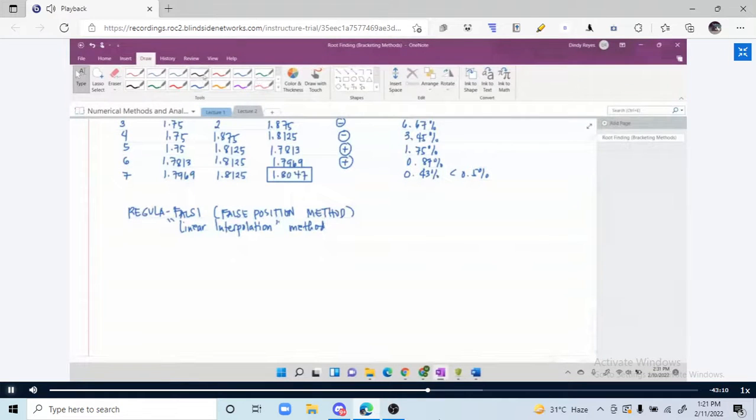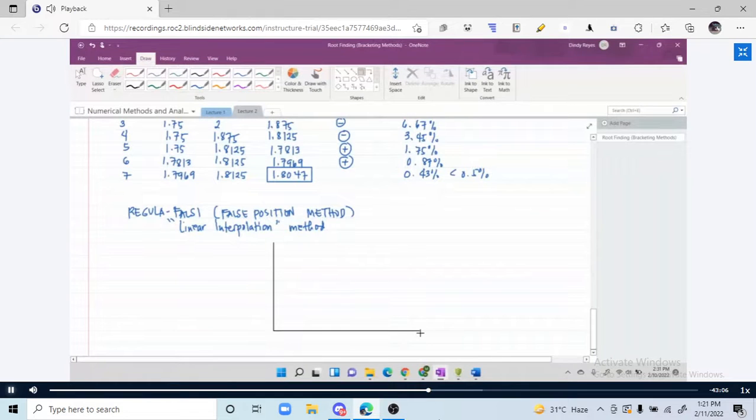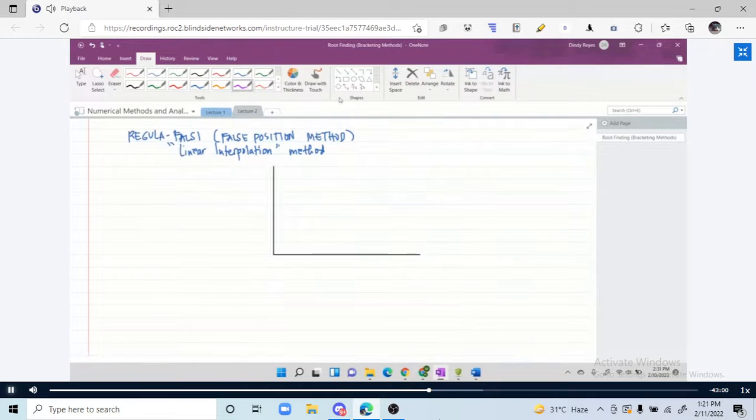Because what we do here is, say you have a function.